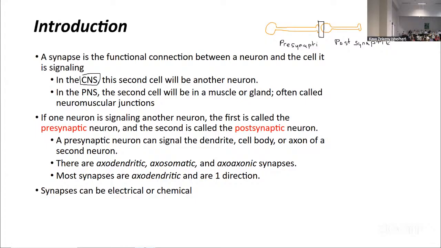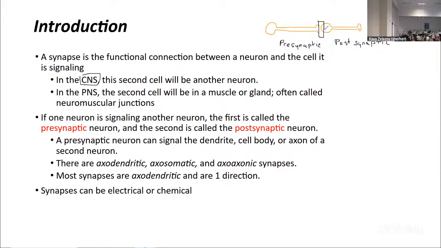Our presynaptic neuron is going to act kind of as a stimulus for our postsynaptic neuron to react to things. Right, so that presynaptic neuron, that first one in the line, might be signaling onto the cell body as I've drawn it here. We know that sometimes neurons have these spikes looking kind of like a halo.